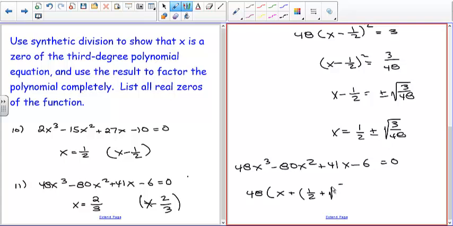The square root of 3 over 48, x minus 1/2. No, that's not right. They're both going to be. This has to be subtracted here, because you subtract.